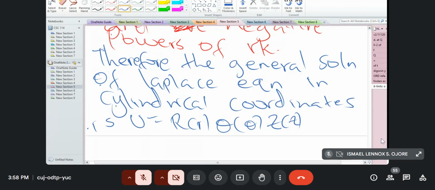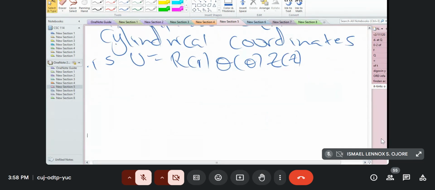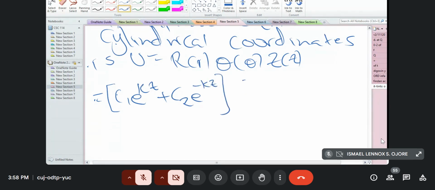So for R, we'll pick the solution corresponding to the general case, where p is an integer or in general. So we'll pick the one having Bessel function of the second kind of order p. Let's give the product. What was our Z again? C1 e to the kz plus C2 e to the minus kz, if I'm not wrong, times, what was our theta?